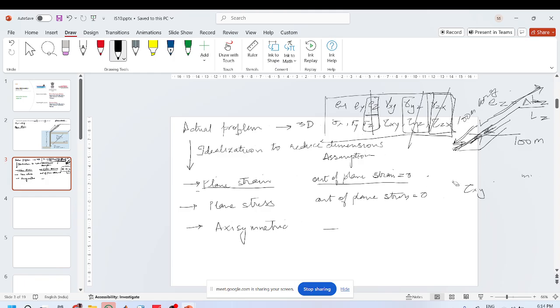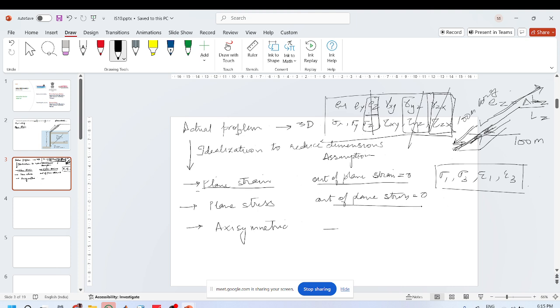And if you are working in principal stress states, then you only have sigma 1, sigma 3, epsilon 1 and epsilon 3. These will be the only unknowns. So we reduce the dimension.